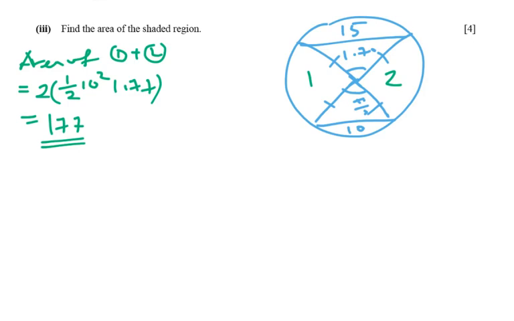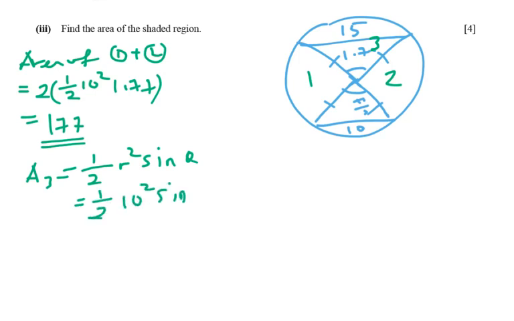Let's label this as area number 3, area of the triangle. So area 3 will be equivalent to 1 over 2 r squared sine theta. So hence 1 over 2, 10 squared sine 1.70. Hence you are getting 49.58 for area number 3.